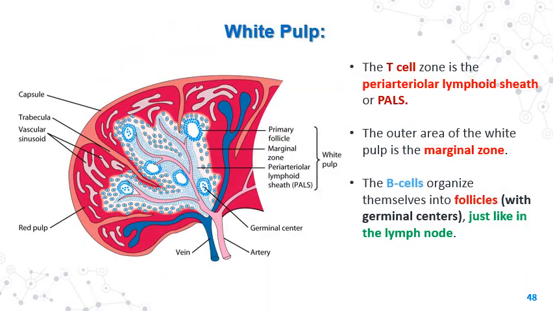Okay, so let's see what happens here. You see, this is your artery, and at the end of the artery it is open-ended, and the blood is going to spill out. When the blood spills out, it is filtered over here and interacts with macrophages and other cells.